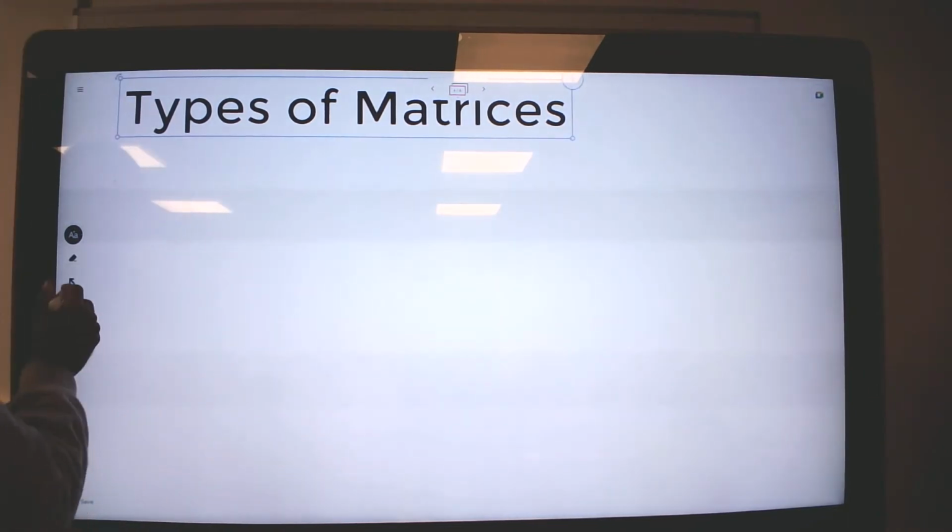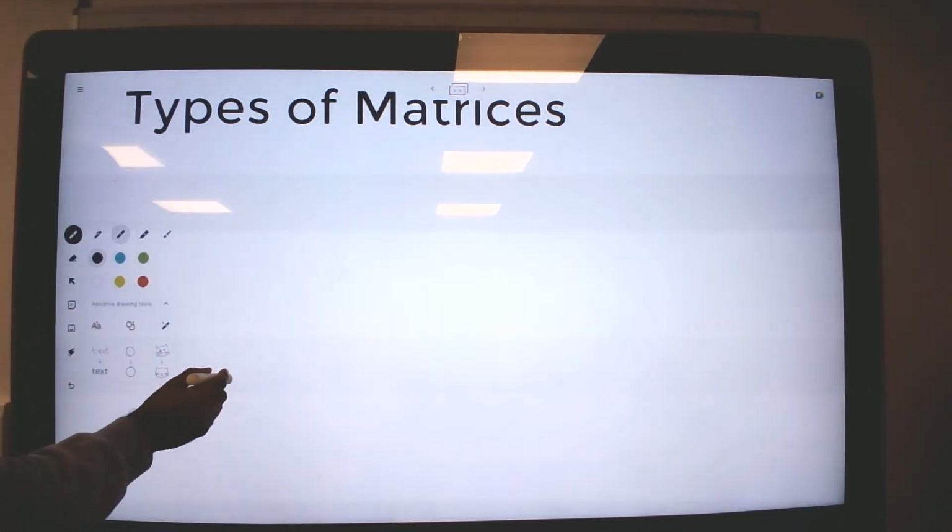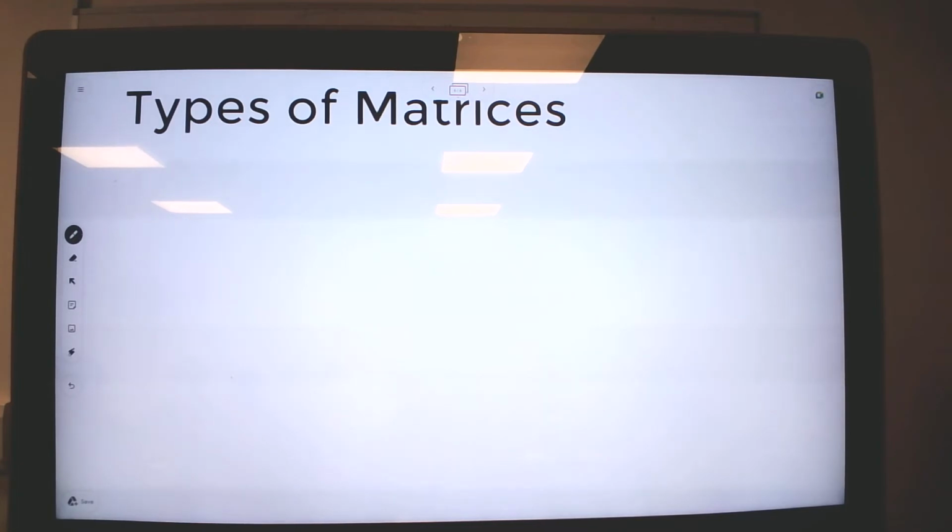Type of matrices. Okay, let's have a look at the type of the matrices. There are different types of matrices.